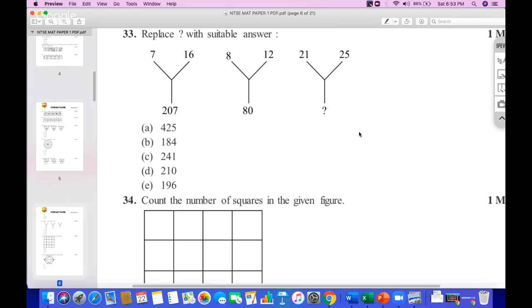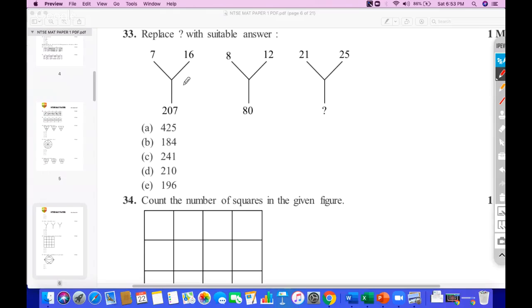So 16 square minus 7 square, 256 minus 49 is 207.